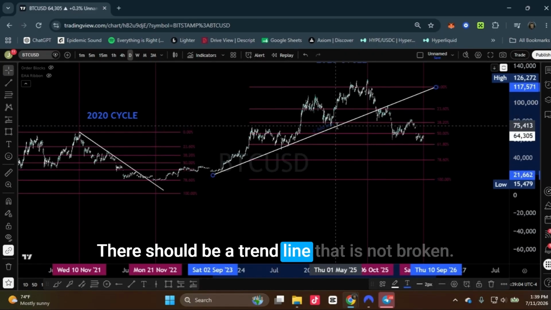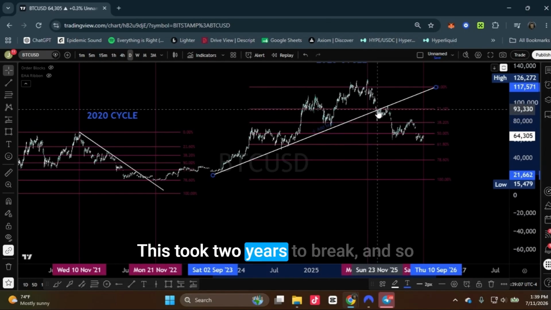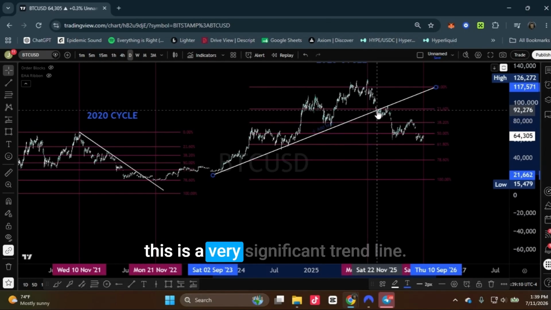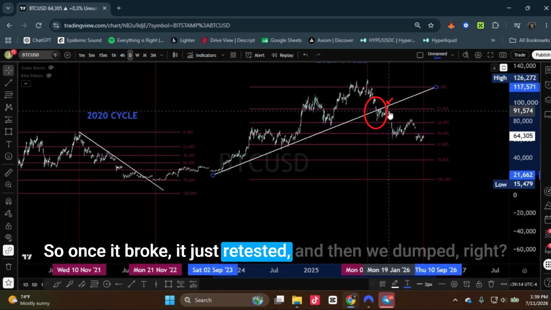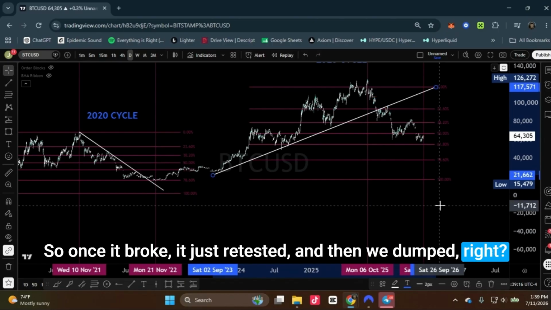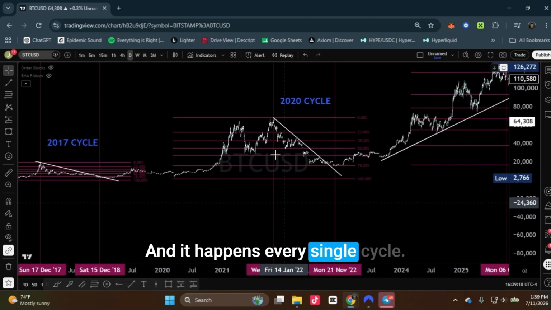There should be a trend line that is not broken. This took 2 years to break, so this is a very significant trend line. Once it broke, it just retested and then we dumped. And it happens every single cycle.